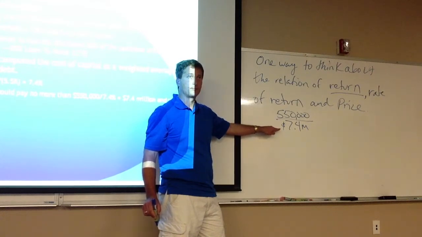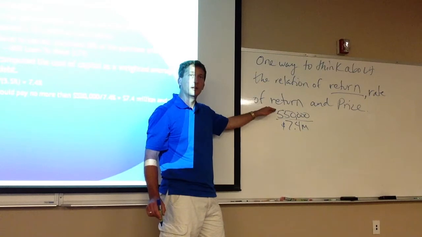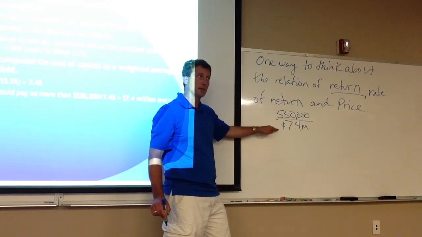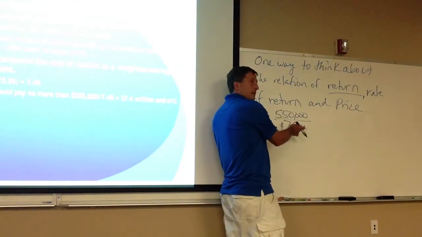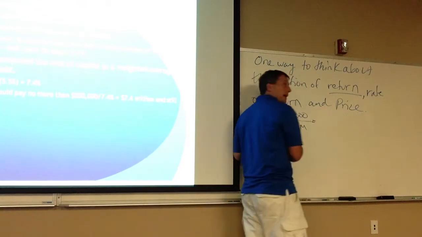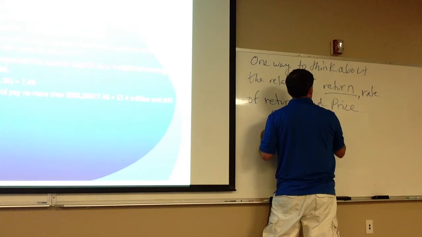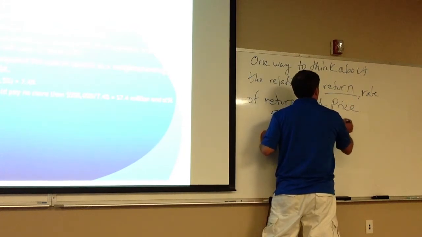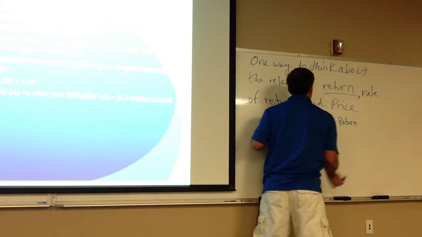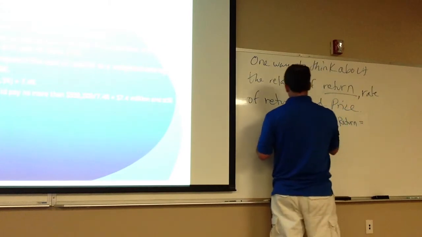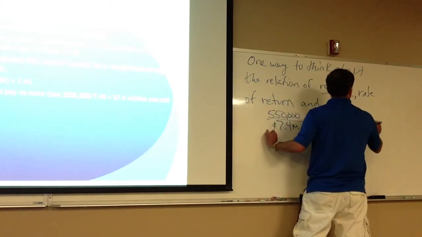So that was my profit off of the purchase price. That gives me my rate of return, or kind of like an interest rate. So rate of return, approximately 7.4%.